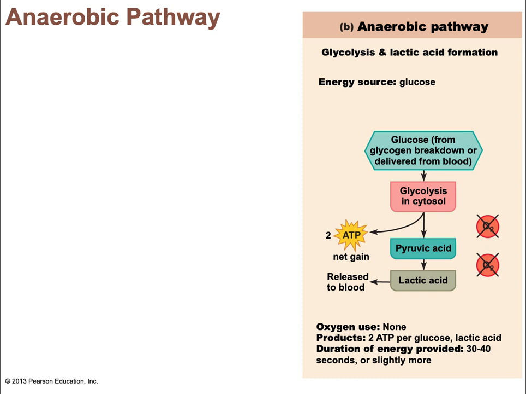At 70% maximum contractile activity, bulging muscles squeeze blood vessels, and oxygen delivery is reduced. Pyruvic acid is converted into lactic acid. That goes into the blood, that goes to the liver, and it gets stored or it gets used by the kidneys and the heart. It gets converted back into pyruvate by the liver once the activity is over.